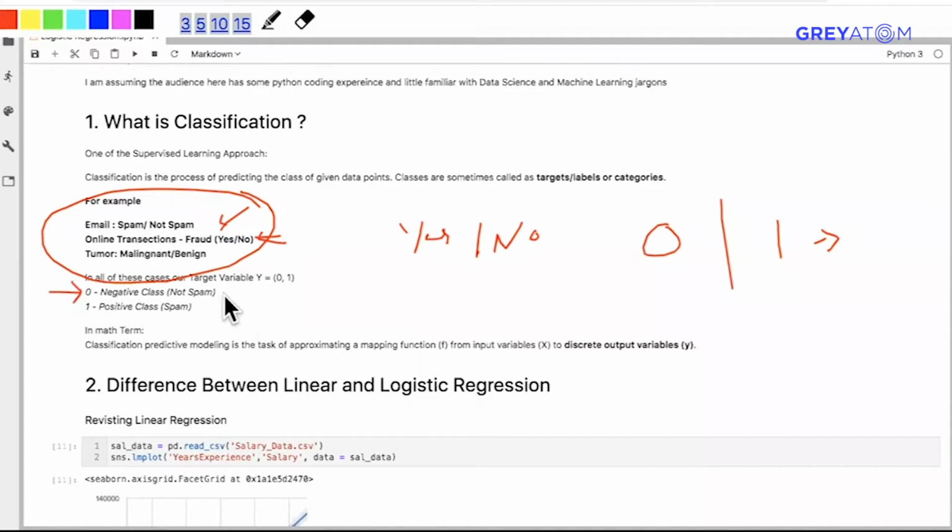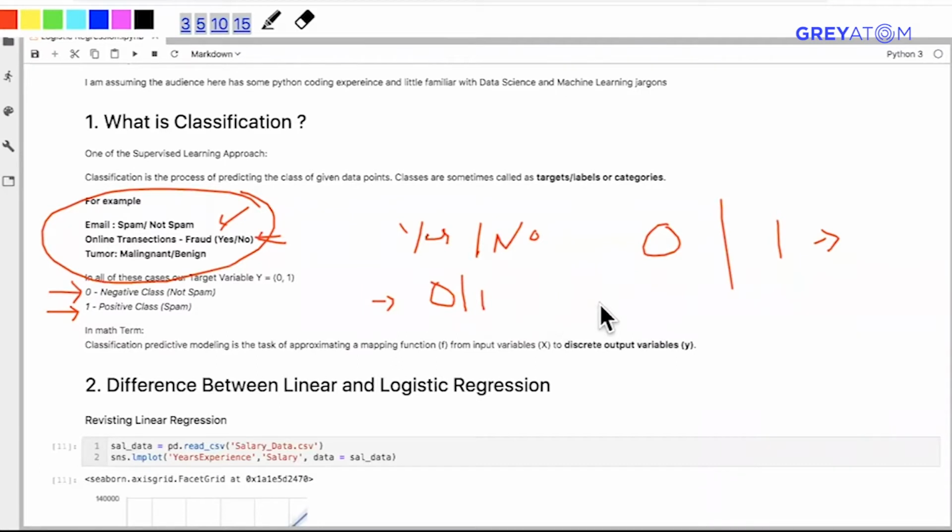In the email example, it would be not spam. The positive class is denoted by 1, and could be a spam, a fraud, or a tumor. So whenever our problem has just two target values, either yes or no, 0 or 1, that is a basic classification problem. It's totally different from regression, where we have a continuous input and we predict something.